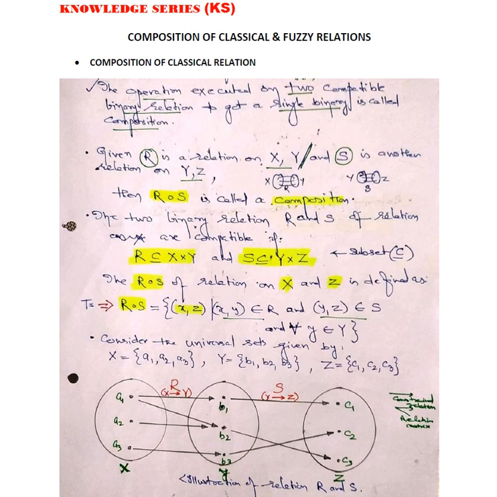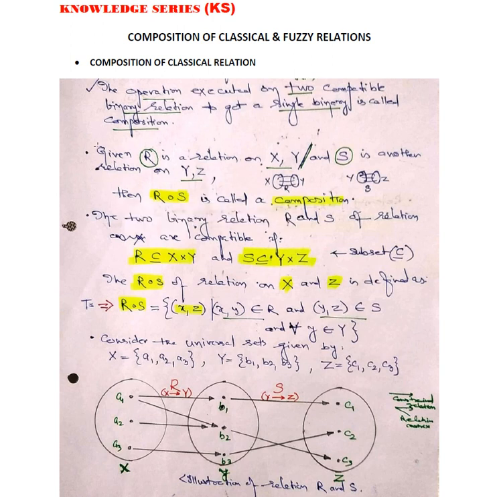Now, in crisp relations we represent the presence and absence of the set elements in terms of interactions, associations, connections. That's how we discuss the crisp relation, and there we also produce Cartesian products.